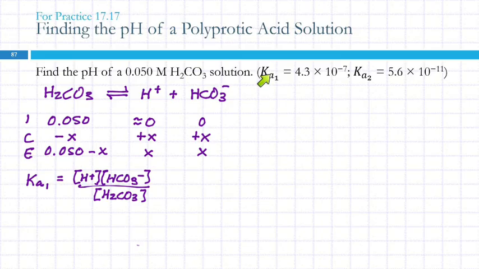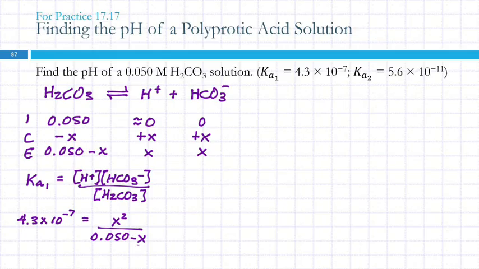We're given Ka1, so we can write that in for Ka1. And then these are equilibrium concentrations, and we're going to put their expressions in from the equilibrium row on the ice table, not the periodic table. So H plus is x, HCO3 minus is x, so I just wrote x squared.